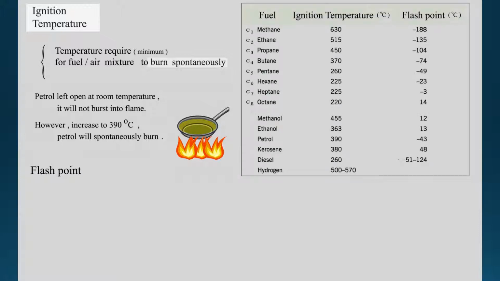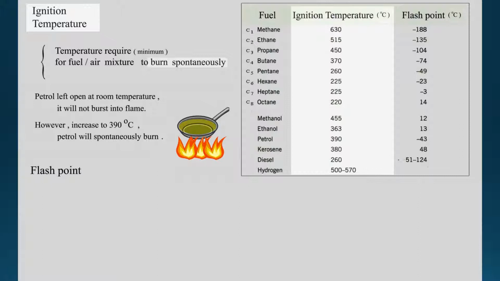So here I have a graph to show you. On the top, 1 to 8 are all the common fuels. You see what the ignition temperature is? You will find that they all go above 200. What does that mean?